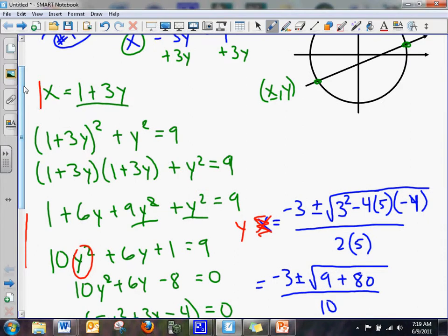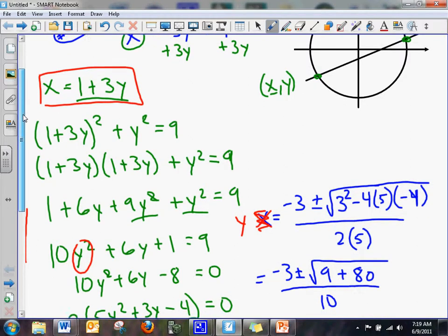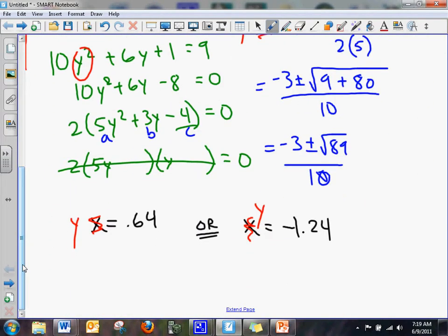I like this equation right here. It's nice and simple. So, x is going to be equal to 1 plus 3 times 0.64. And x is going to be equal to 1 plus 3 times negative 1.24.